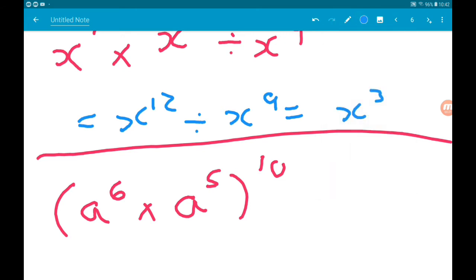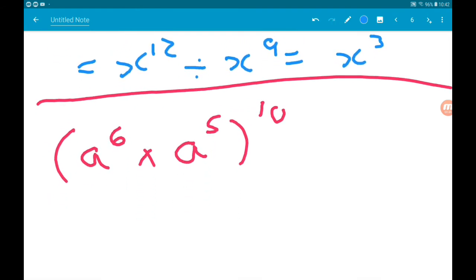Okay, BIDMAS, do the stuff inside the brackets first. So this is going to give us a to the power 11 to the power 10, which is a to the 110.